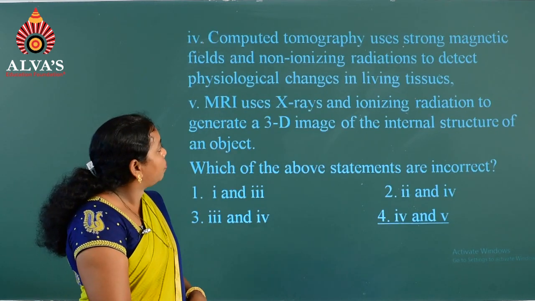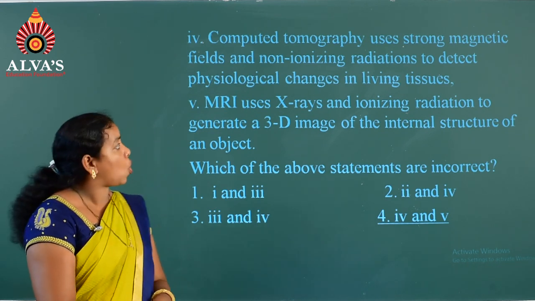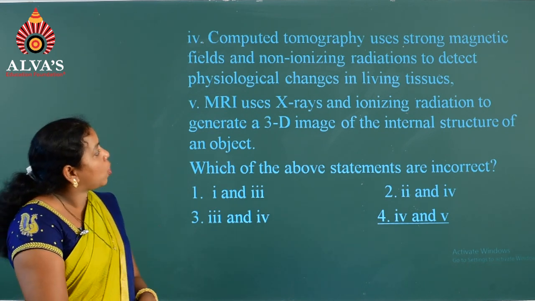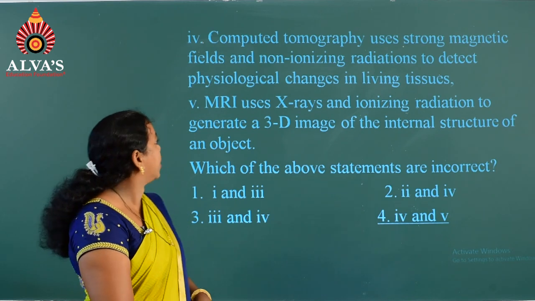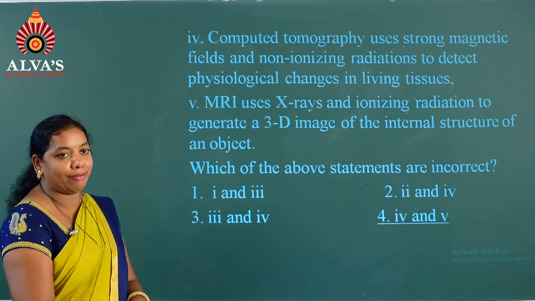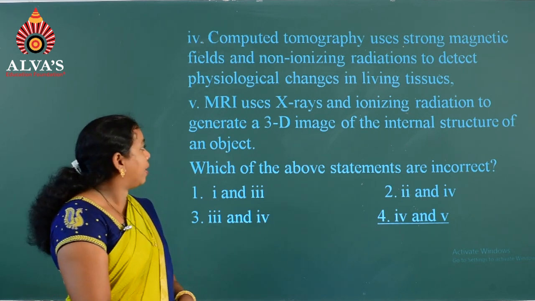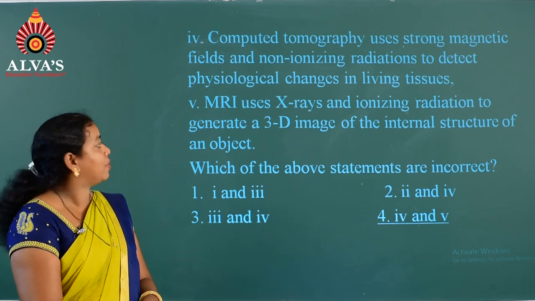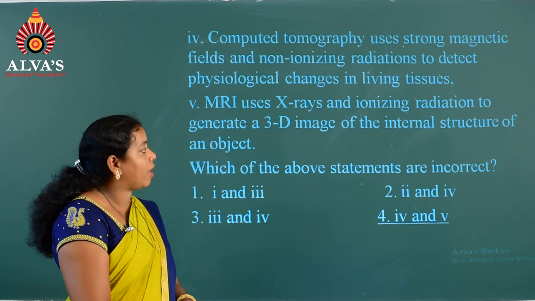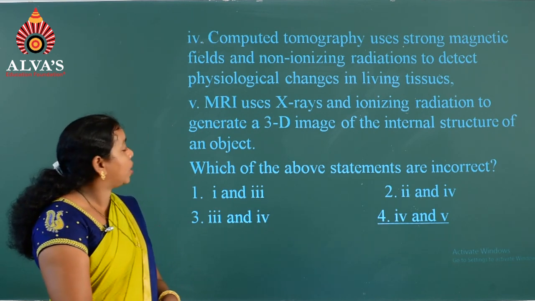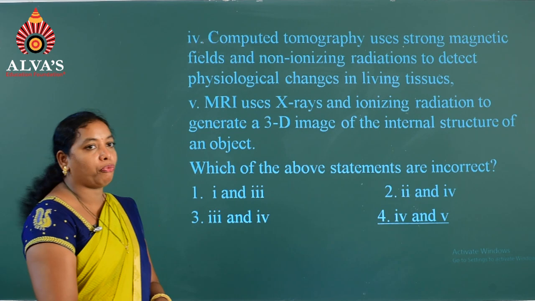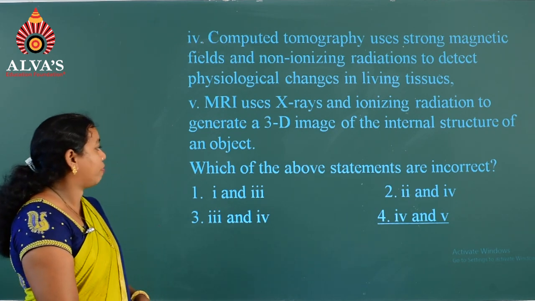Fourth one, computed tomography uses a strong magnetic field and non-ionizing radiations to detect physiological changes in living tissues. The fifth option, MRI, that is magnetic resonance imaging, uses X-rays and ionizing radiation to generate a 3D image of the internal structure of an object.